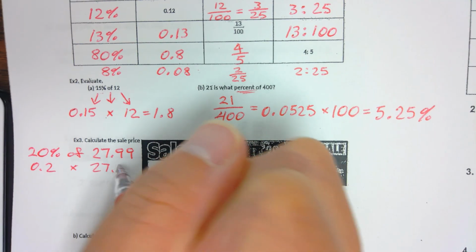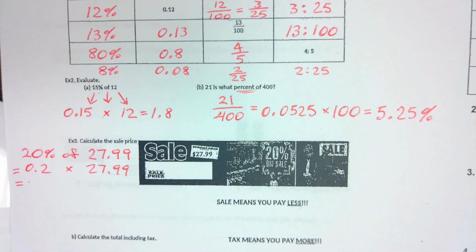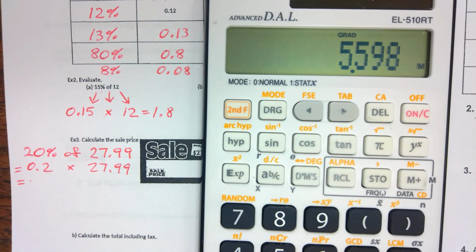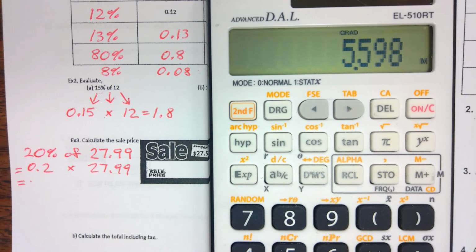I get this. All right, so what do I write here? You write 27.99 subtracted by 5.59.